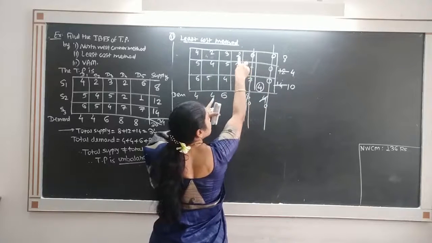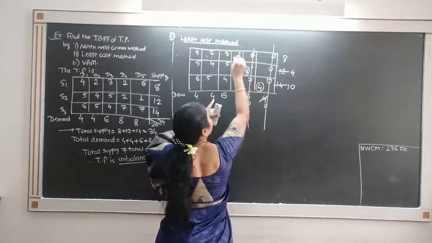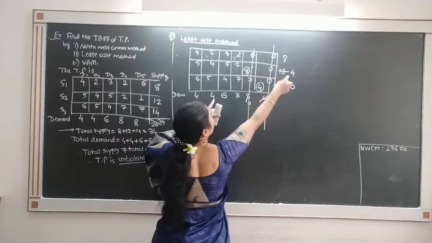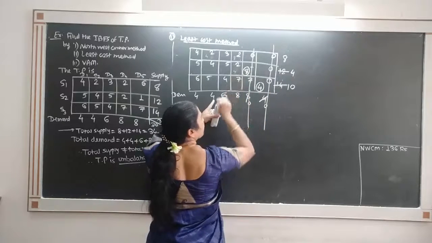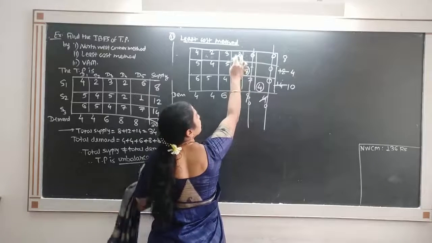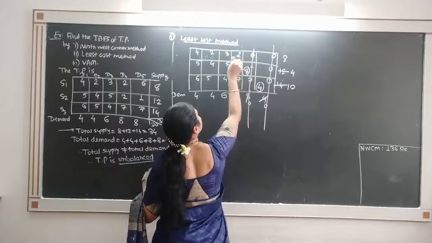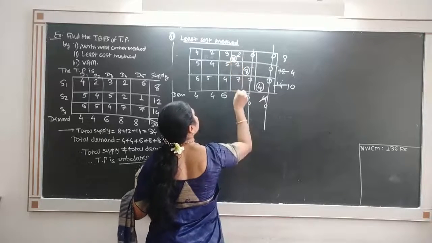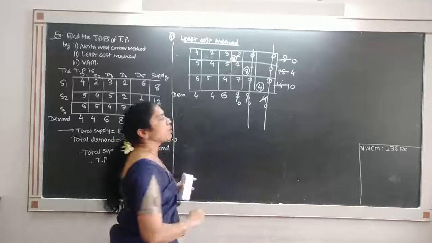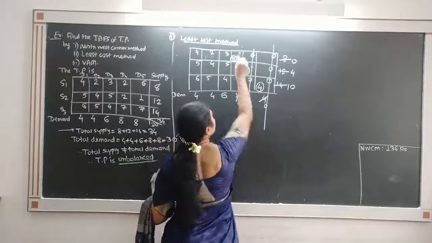If you see this cell, you are able to allocate maximum of 8 and 8, that is 8, can be done. And if you observe this, 4 and 8, only 4 can be done. Maximum allocation can be done in this cell. So I will select this cell and allocate as much as possible, that is 8 here. This also becomes 0 and supply also becomes 0. Both supply and demand get exhausted simultaneously.